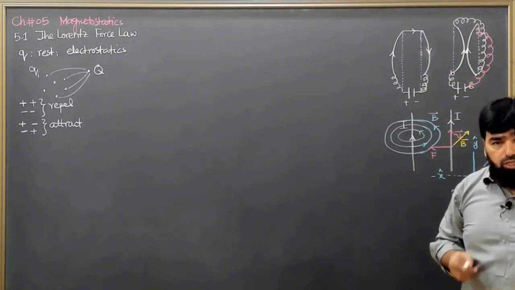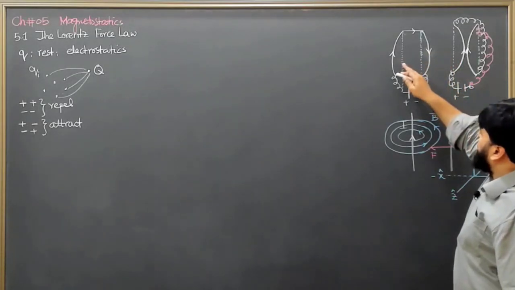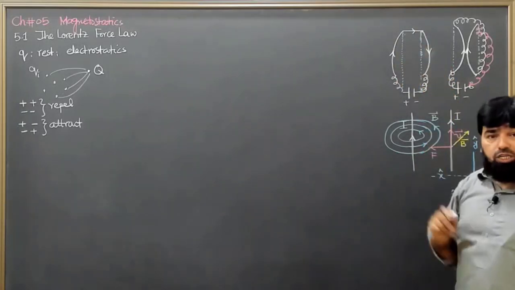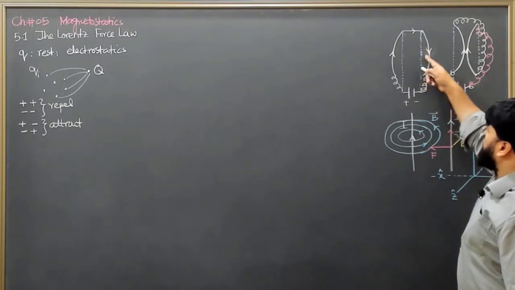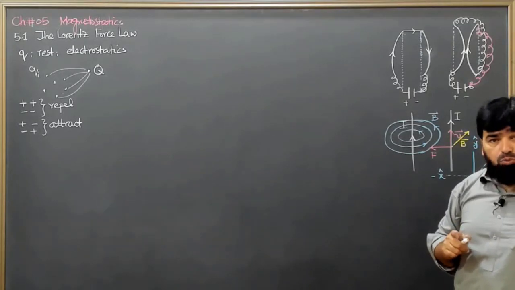This is the conventional direction of the current. We see that when we consider these charges in motion, in these two wires the current is going in opposite directions.